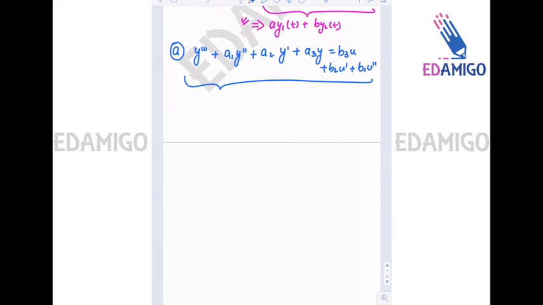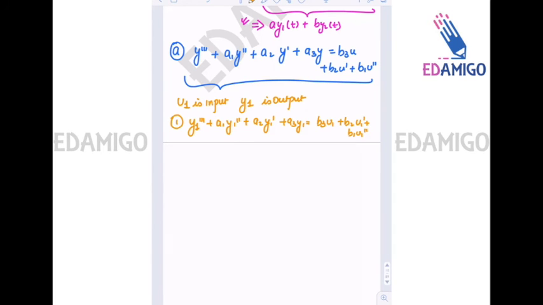So this is the relationship given to us. Now we can easily solve this. When U1 is input and Y1 is output, then the relationship will be Y1''' + A1 Y1'' + A2 Y1' + A3 Y1 = B3 U1 + B2 U1' + B1 U1''.